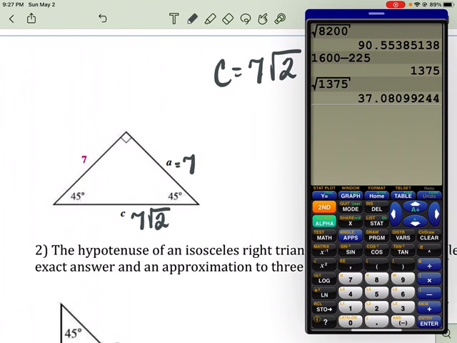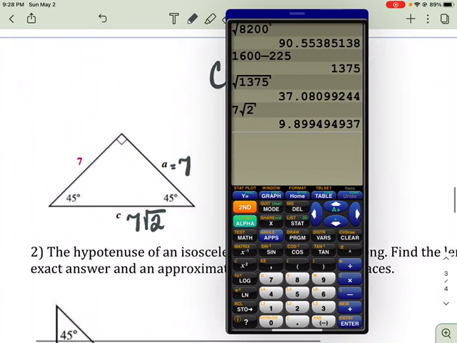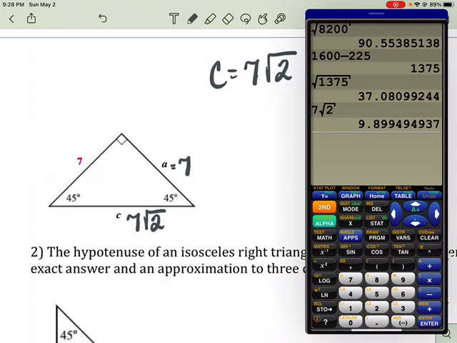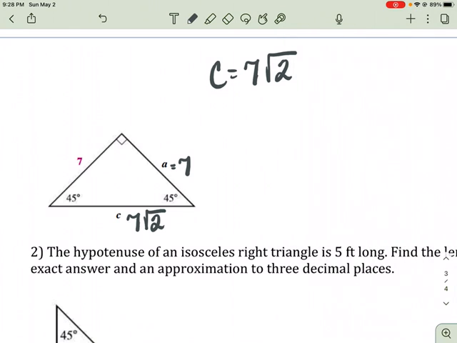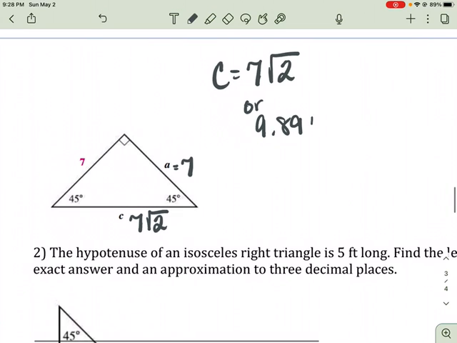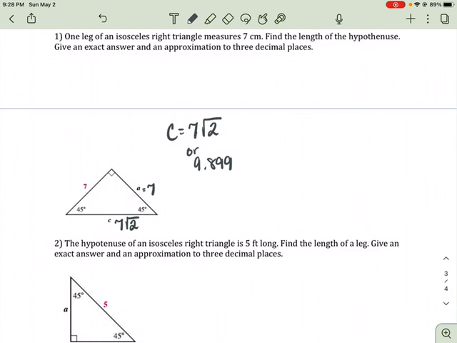So approximate would be 7 times square root of 2, 9.899. All right, so the beauty of the 45, 45, 90 is that you don't have to do a whole lot of work because you know there's a relationship.